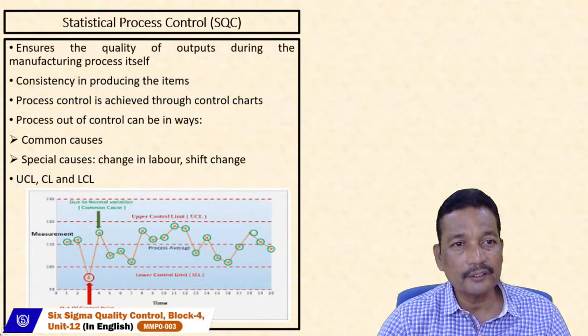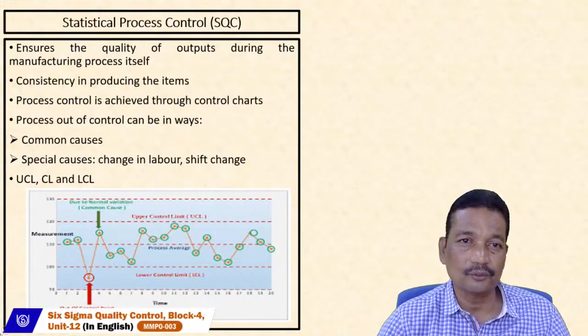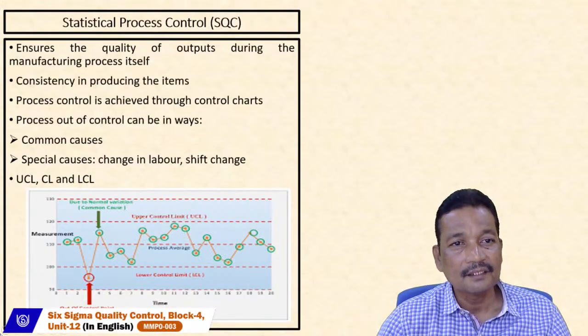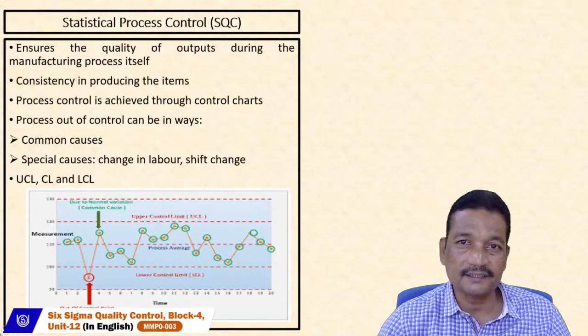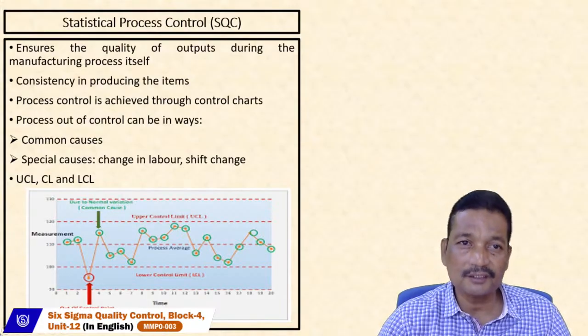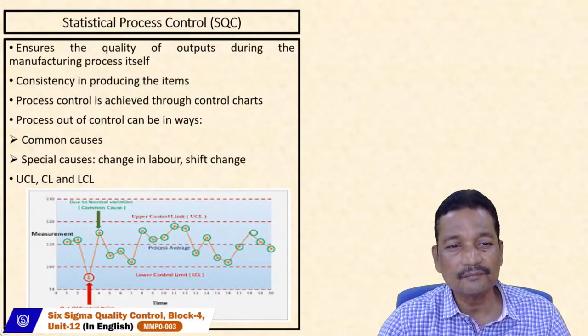But before going to that, let us look at statistical process control, SPC. What is statistical process control? We try to look at the process, that means the middle part of the conversion system, which is converting the inputs into outputs.